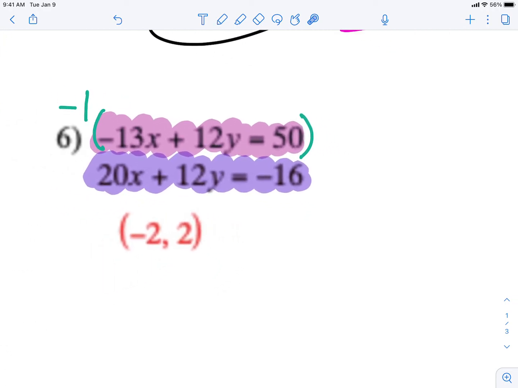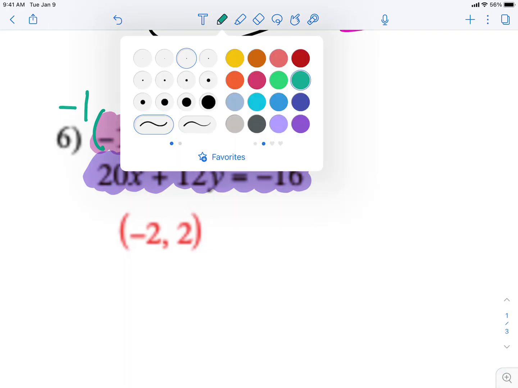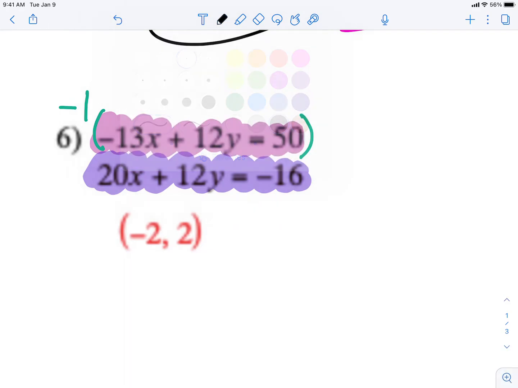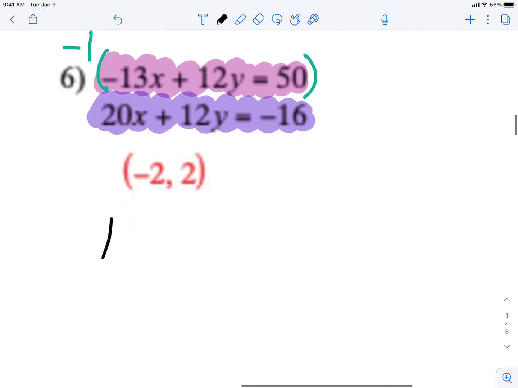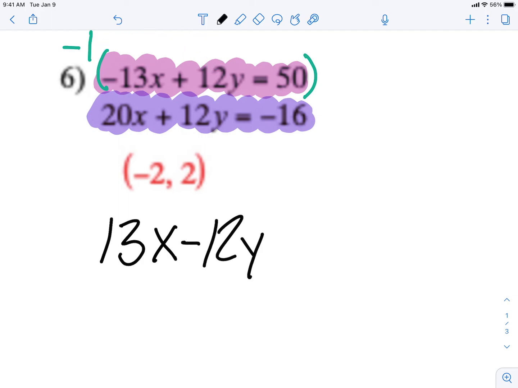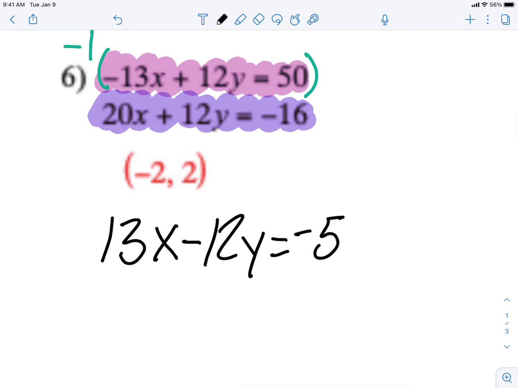Let me change here to black so I can write. Okay, negative 1 times negative 13x is a positive 13x. Negative 1 times positive 12y is a negative 12y. Equals negative 1 times 50 is a negative 50.